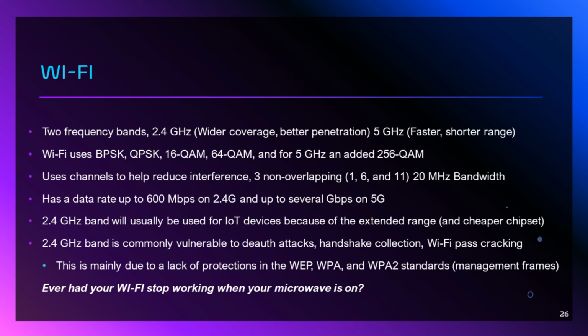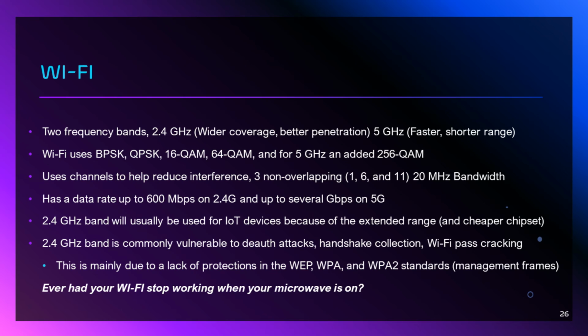Wi-Fi uses channels to help reduce interference, and there's 3 non-overlapping channels that you'll see. Channels 1, 6, and 11. You can mainly configure most of this stuff inside your router settings. Now, I wouldn't go changing stuff if you don't know what you're doing, because people screw up big time doing that. And I also wouldn't overlap your channels. You'll be kind of defeating the whole purpose of it.